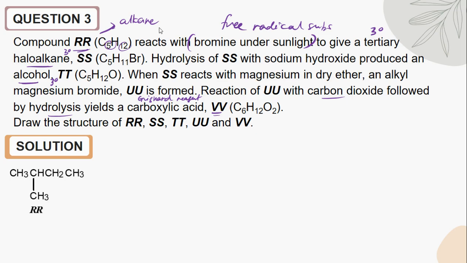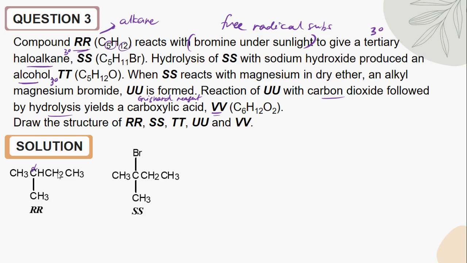So RR is only this structure. Where is the tertiary carbon? It should be here. So this is your tertiary carbon. When RR undergoes free radical substitution with bromine, the H from the alpha carbon is substituted with Br. So this is your structure SS.